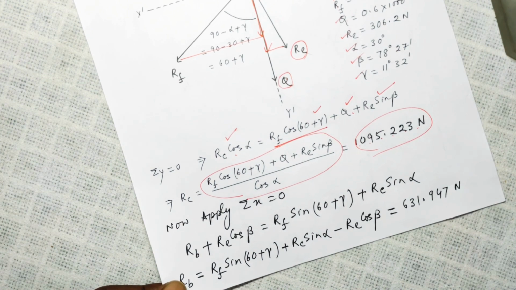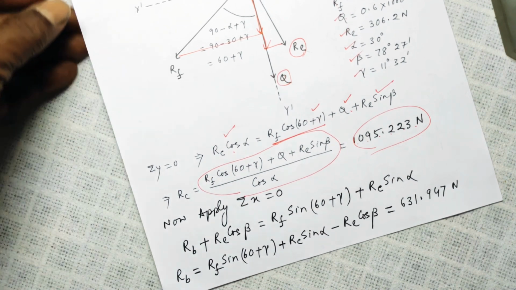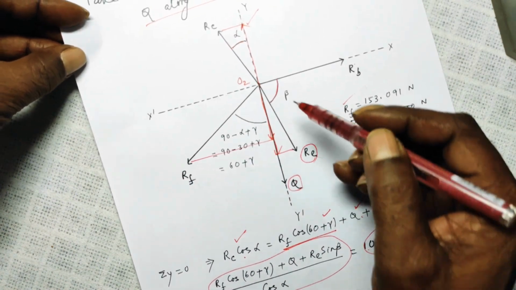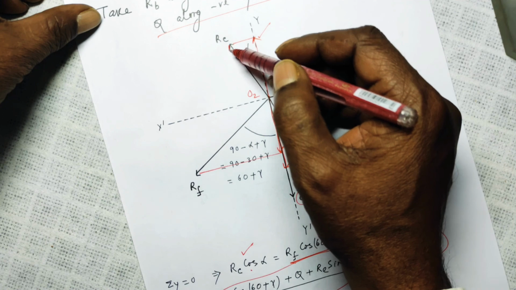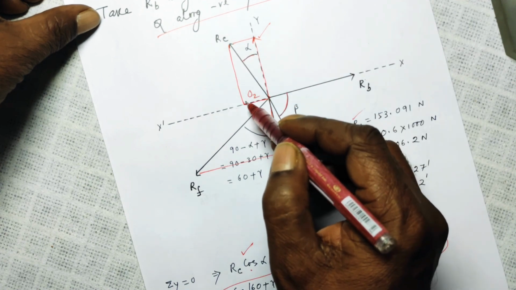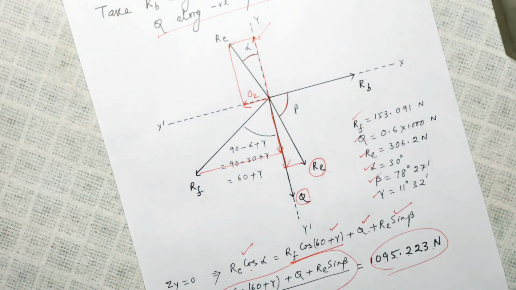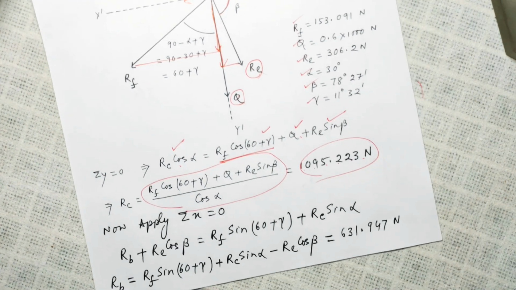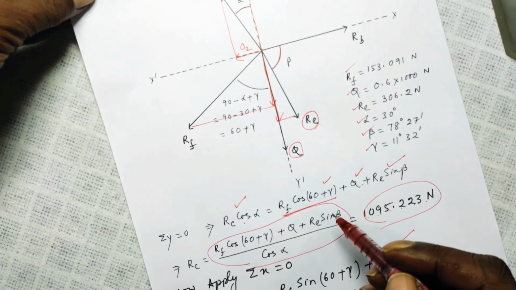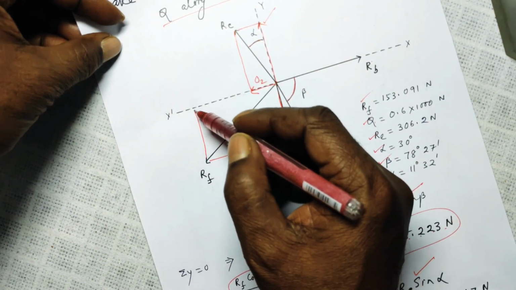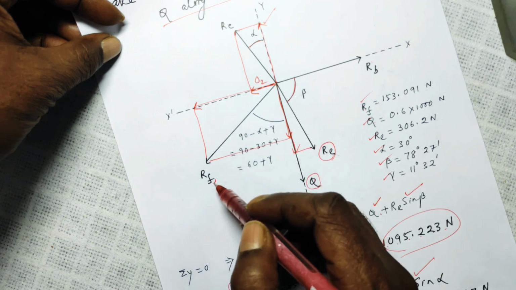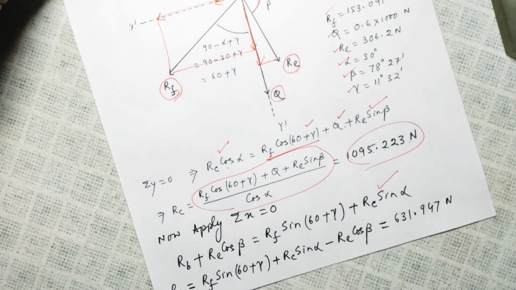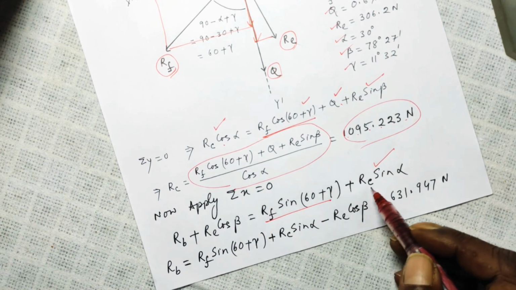Now once RC is found out, apply sigma x equal to 0 to find out your RB. Sigma x is equal to 0. The component of RC, if you drop a perpendicular from here to here, will be RC sine alpha, which I have written here. Then if you drop a perpendicular from here to here, it will be your RF sine 60 plus gamma. That is also in the same direction as RC sine alpha.